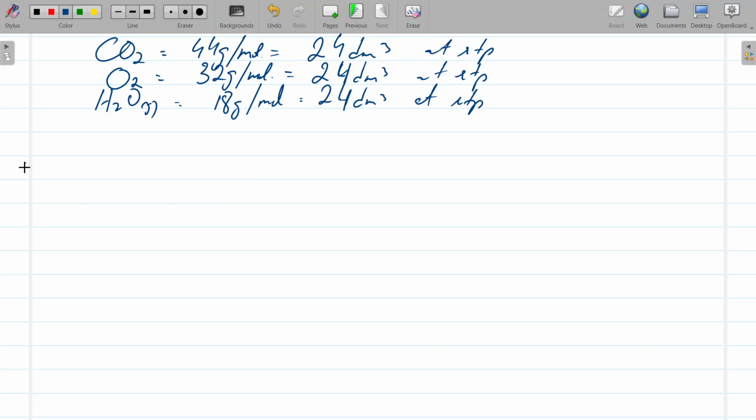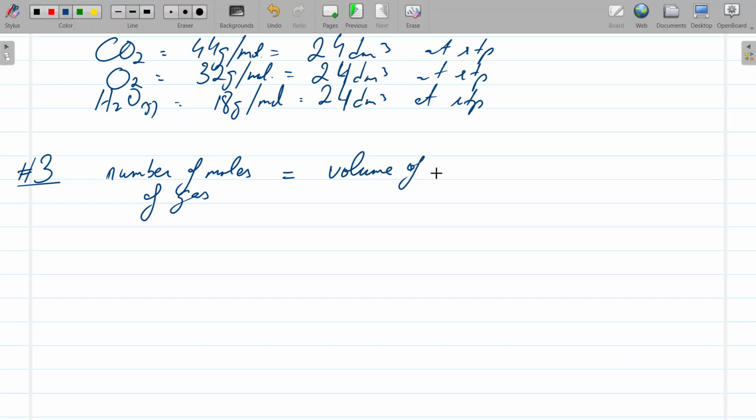And so then we come to formula number 3. And that is number of moles of gas equals the volume of gas, which should be in decimeter cube at room temperature and pressure, divided by 24 dm cube, because that is the volume of 1 mole.